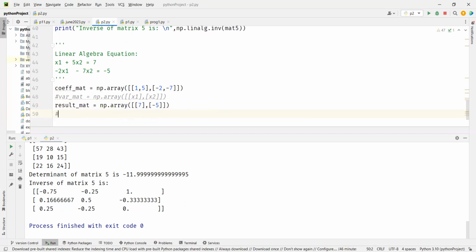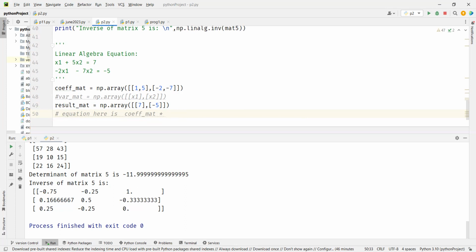So the equation here is coefficient matrix into variable matrix equal to result matrix. It's like 5x equal to 10, right? That's the equation we have.